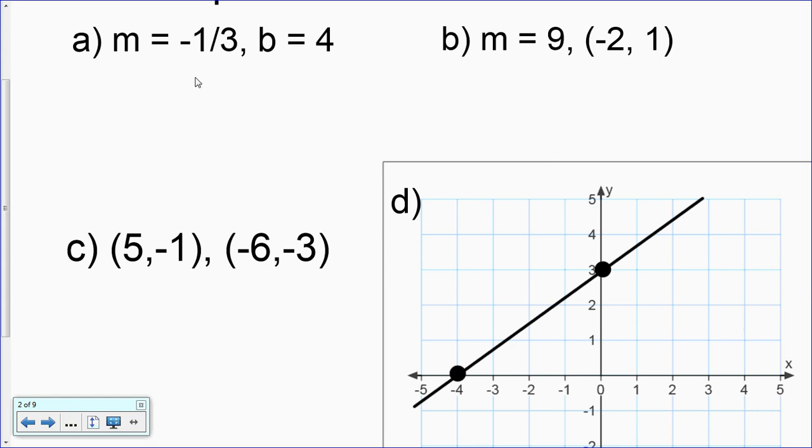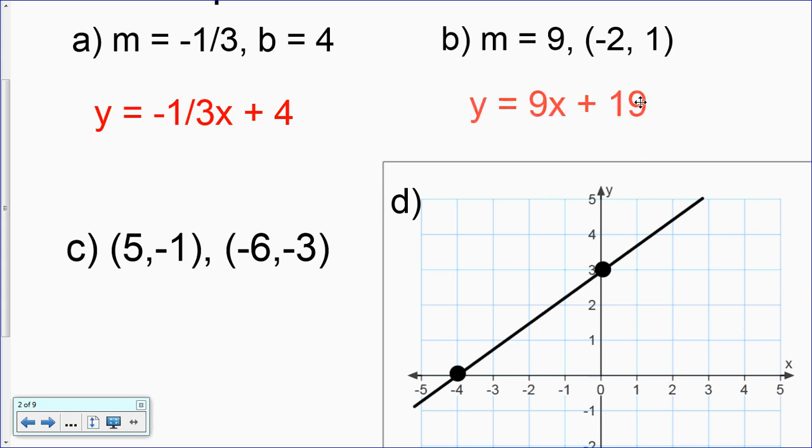Okay, so for A, since we have a slope and a y-intercept already, you should have y equals negative 1/3 x plus 4. B, you'd have to either plug this into y equals mx plus b to get b first and then figure it out, or you can use point slope form and then change it to slope intercept form.